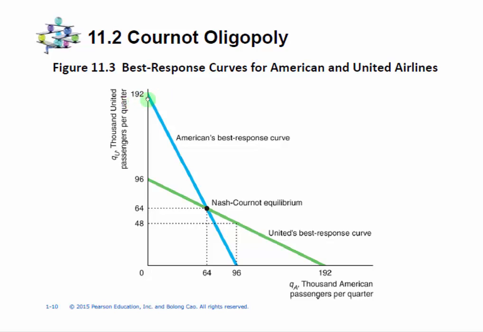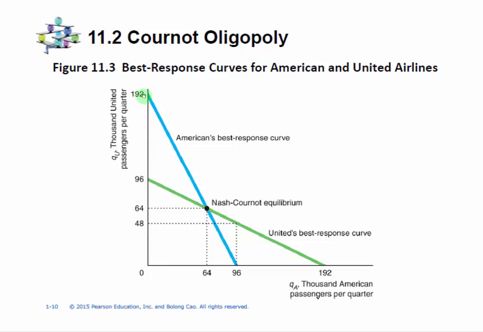What United Airlines is doing is setting the price at the marginal cost, basically making no profit, and flooding the market with 192 units, making it unprofitable for American Airlines to supply any quantity to the market.